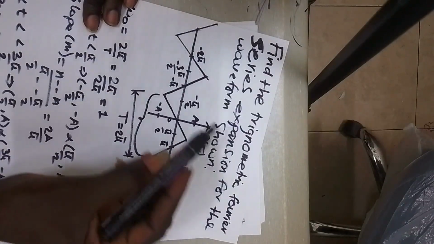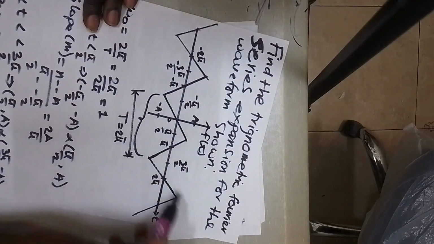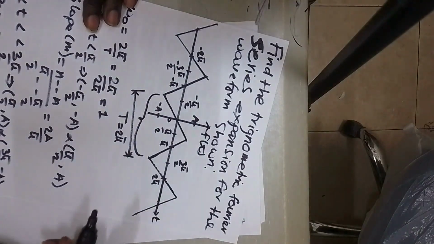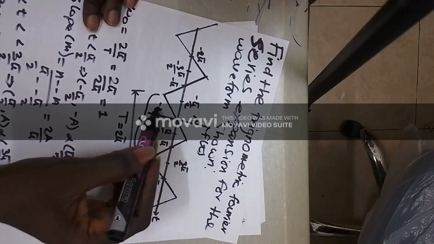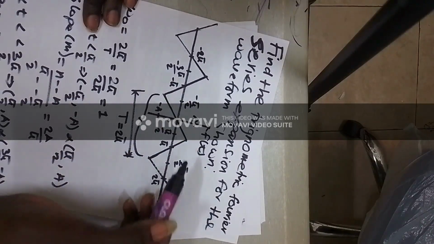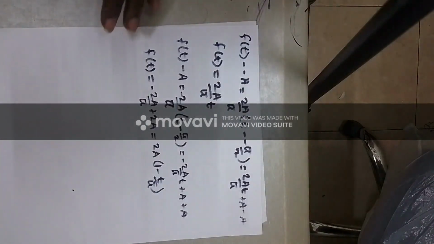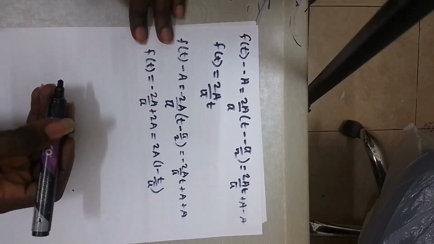Because you can see that here and here is one symmetry, here and here is also another symmetry. They are mirror images, so it's a symmetry. But minus pi to 0 will give me minus a, 0 to pi will give me a. That means that they are not the same. So it's an odd symmetry, so it's an odd signal. If it's an odd signal, then the cos aspect, or an, will be 0.